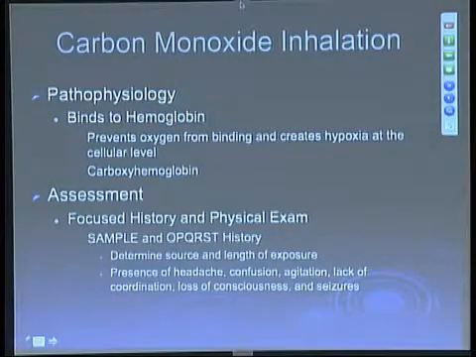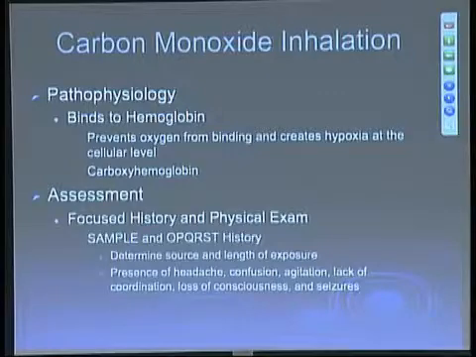It works by binding to hemoglobin, so it prevents oxygen from binding. It creates hypoxia at the cellular level. Now, it appears to a standard pulse ox meter to be oxygen bound to hemoglobin, but it's CO bound to hemoglobin.